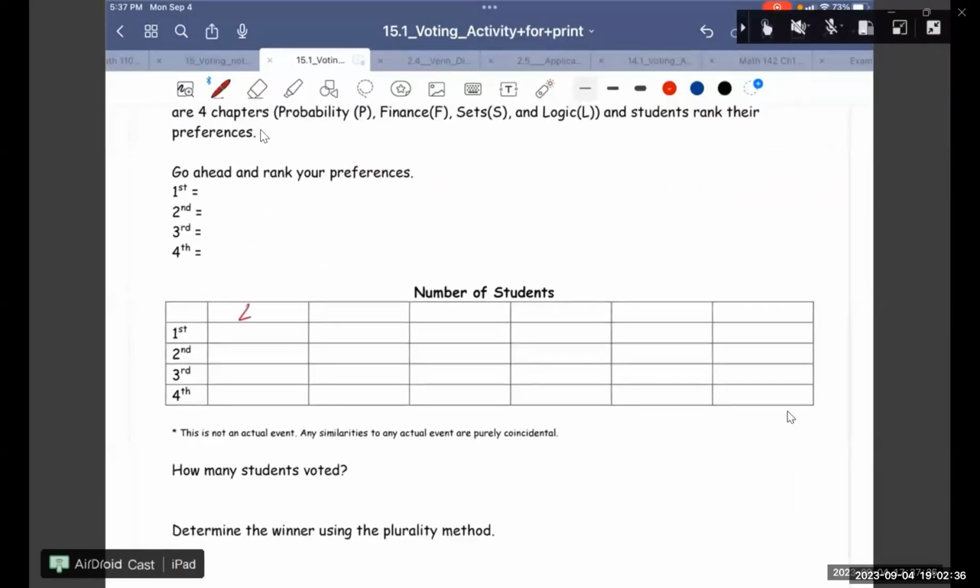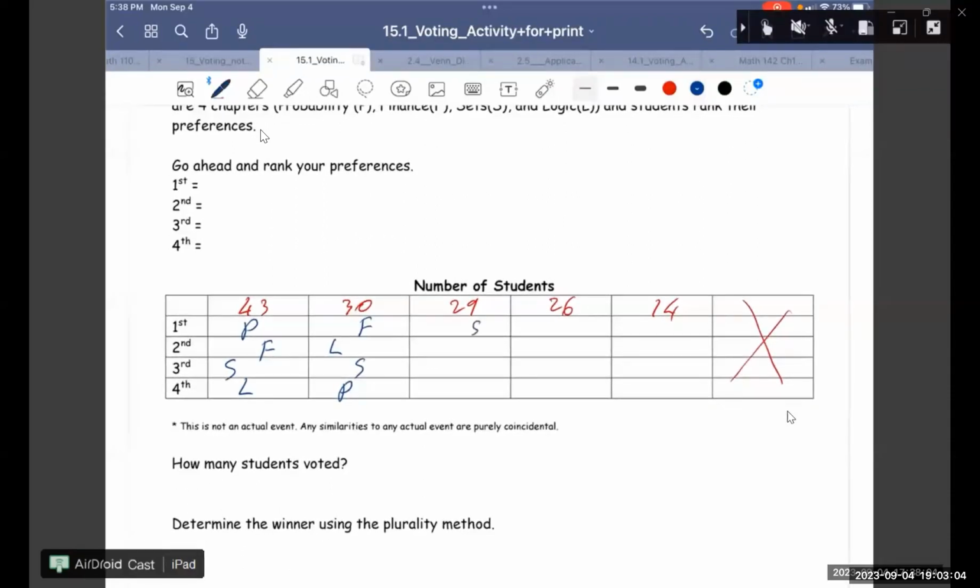So this one is 43, 30, 29. This one I just give up 26 and 14. So we do not need this. So this one is P F S L F L S P. This one I just give out. So I just make it up as a sample.